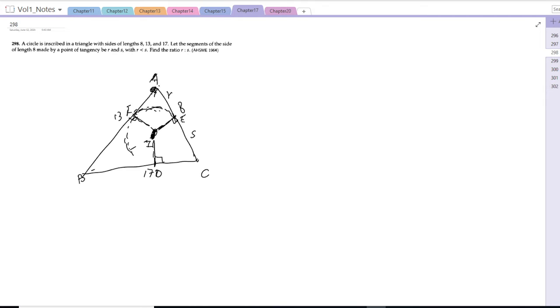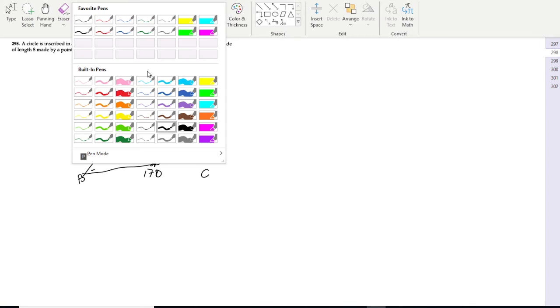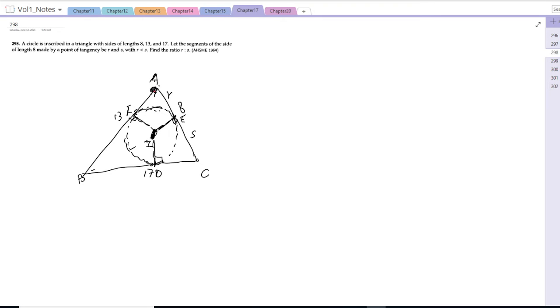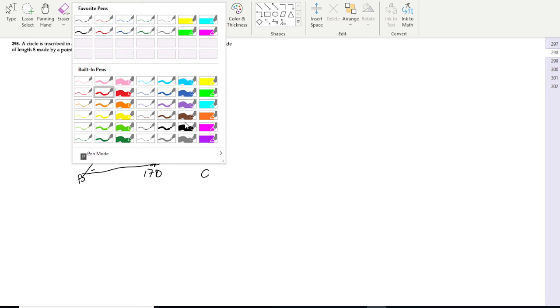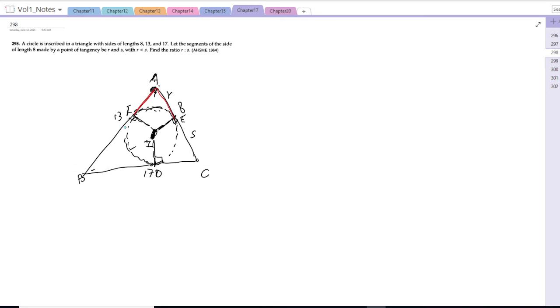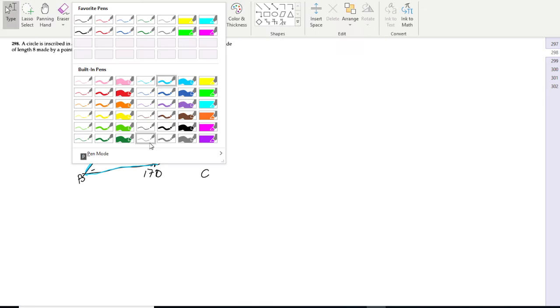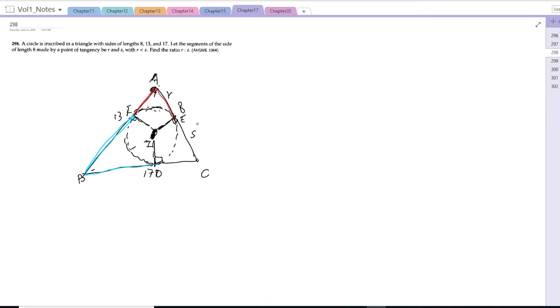By tangency, AF and AE are both tangent to this circle. You should be very familiar with this. This equals this. This equals this. And this equals this.